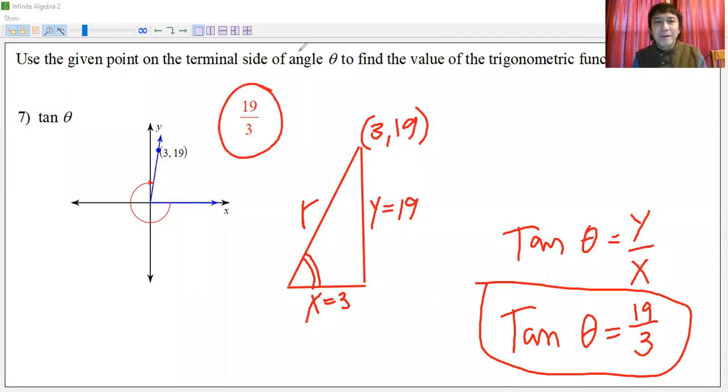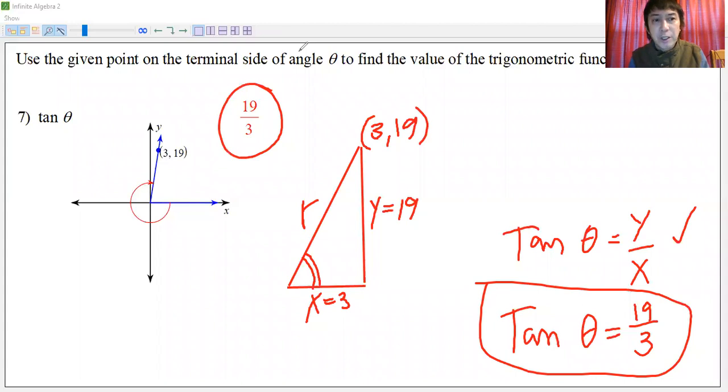So this will be the formula. Just take the vertical length as y and the horizontal length x, and the given points will be used there. If the required function requires the hypotenuse, then you have to make use of the Pythagorean theorem and compute for the r. In this case, since tangent is the required function, it does not require the r.